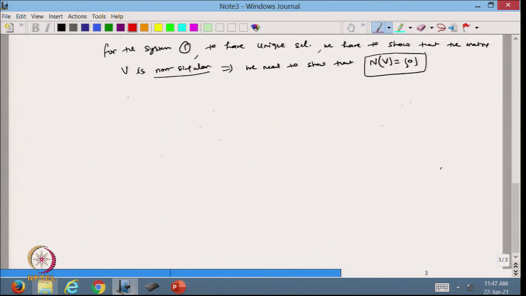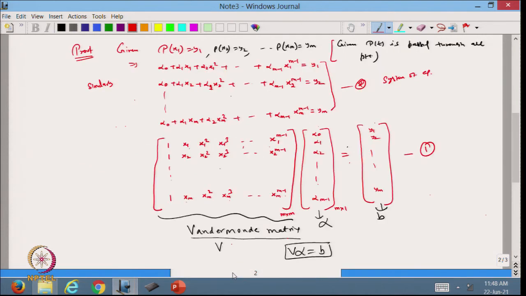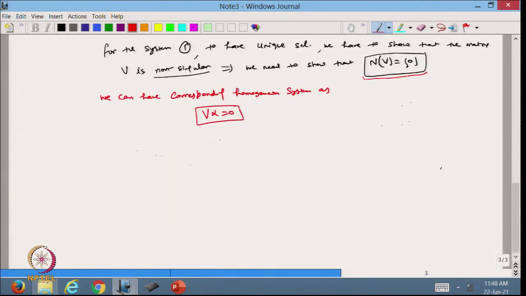Now, what are we going to have? I want to show this thing now. So, let us write. We can have the corresponding homogeneous system as V alpha is equal to 0, where V is this matrix and alpha is this vector.